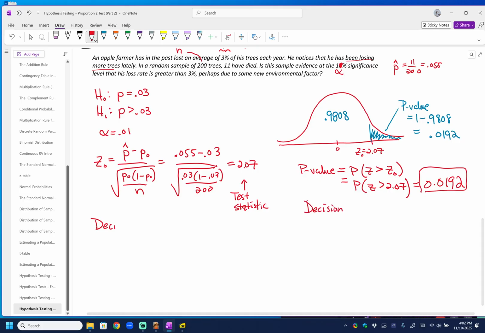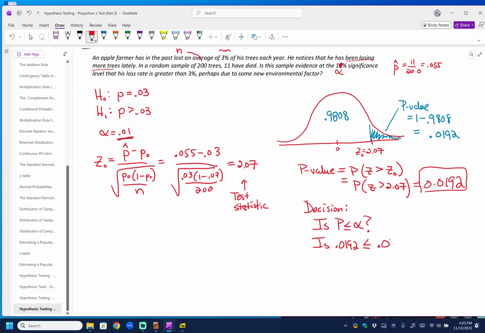So what do we ask ourselves? We ask ourselves, is p less than or equal to alpha? In other words, is 0.0192 less than or equal to our 0.01?